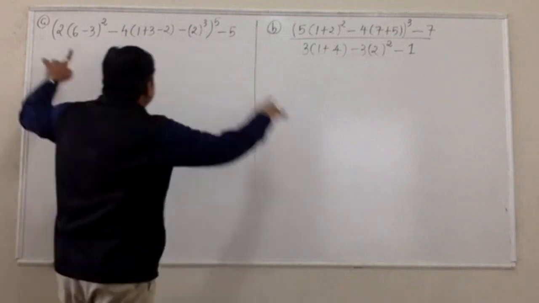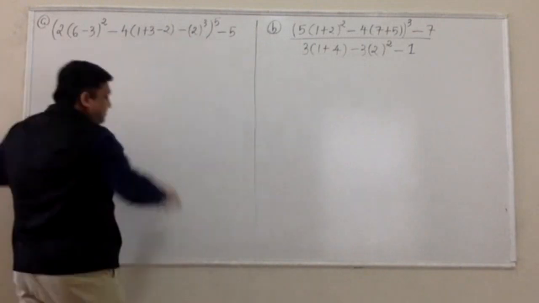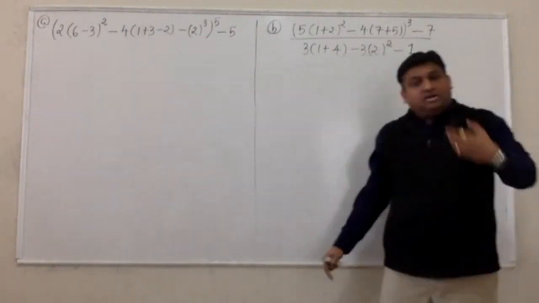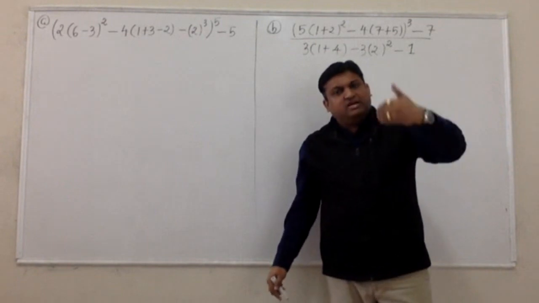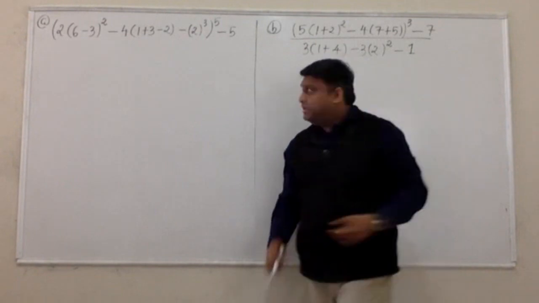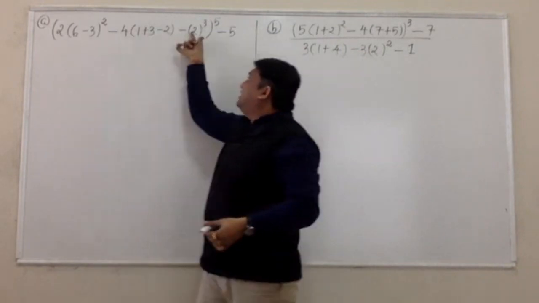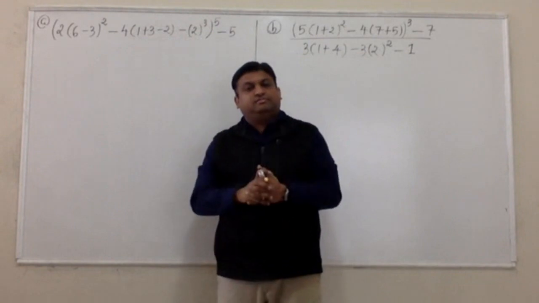So the first one is the outer parenthesis. The remaining 3, they are the inner parentheses. All right. Remember to start simplification with the most inner parenthesis. All right, so I am going to simplify these three expressions inside the most inner parenthesis first.